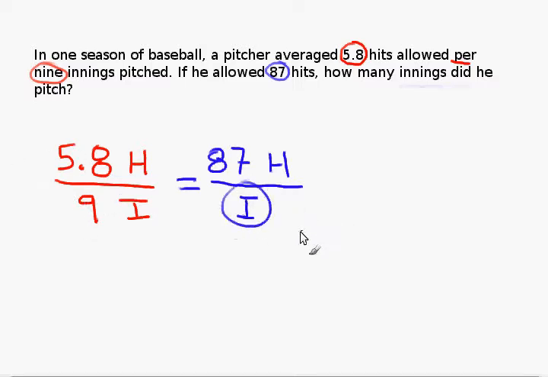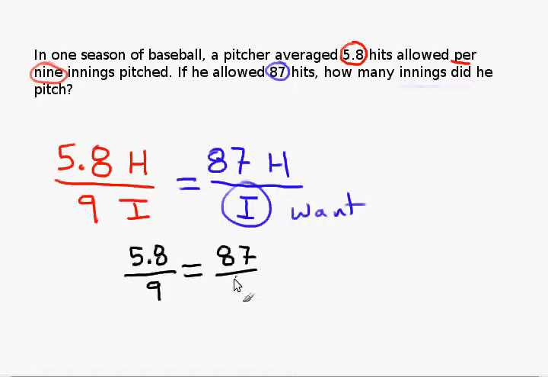This is what we want. So let's write that a little bit cleaner without all the letters getting in the way. But it's good to do it with the letters to make sure that we have hits on the same side as hits, innings on the same side as innings. So this is 5.8 divided by 9 is equal to 87 divided by I. Okay, what we're looking for is in the denominator.